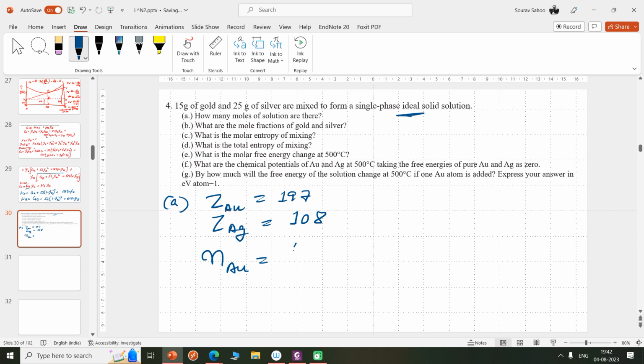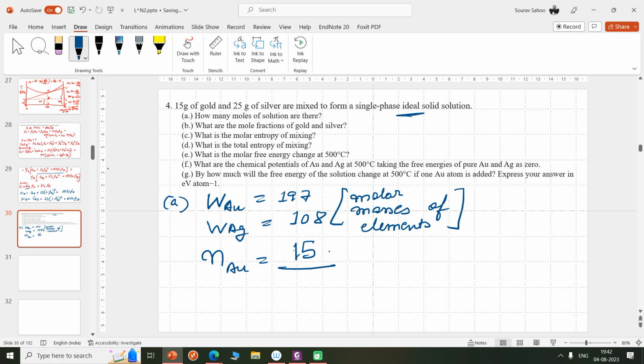15 grams. Sorry, I had mispronounced and misrepresented the terms. So these are actually the molar masses. Let's say W, right? The molar units. So if I divide the given mass by the molar mass, I should get the number of moles, right?